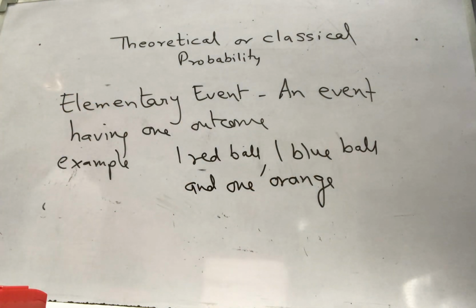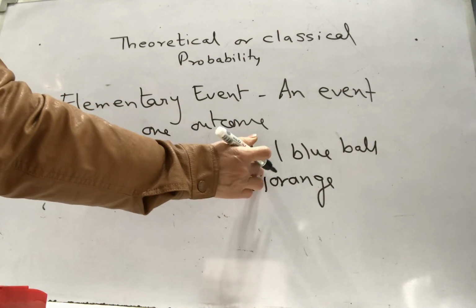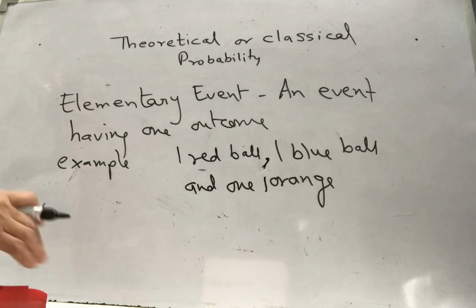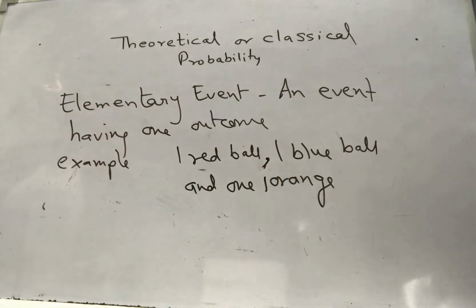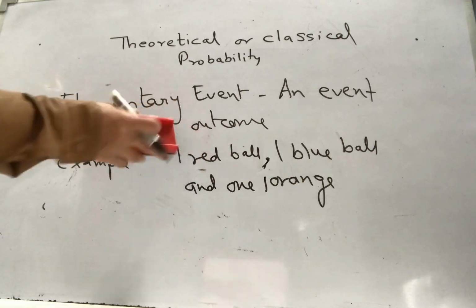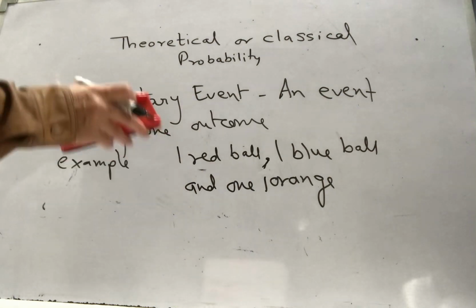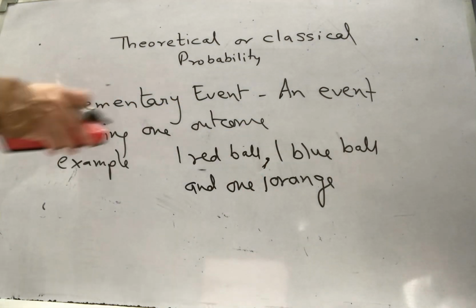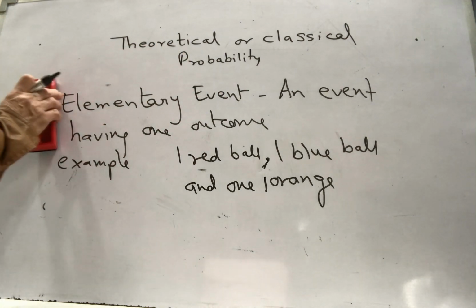First let's check the total: 1 plus 1 plus 1 gives me 3. Everything given is 1. So when my event is getting a red ball, my outcome will be 1. If I want a blue ball, my outcome will be 1. So when the outcome is 1, these are called elementary events.